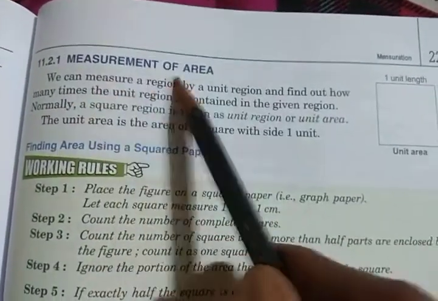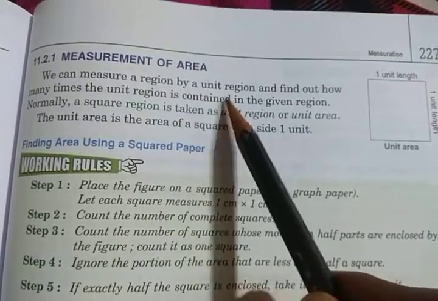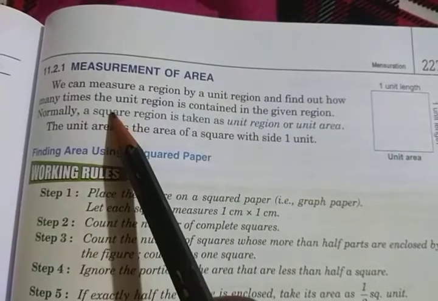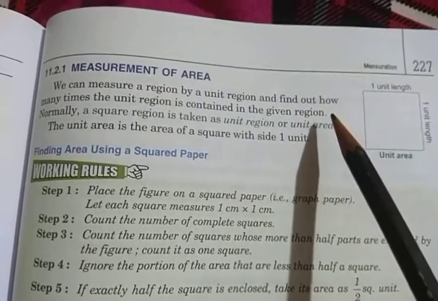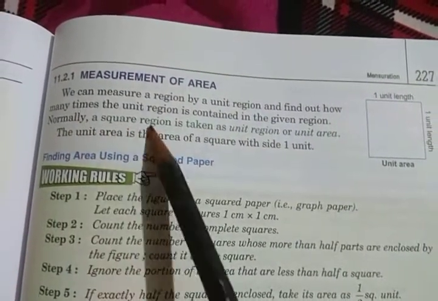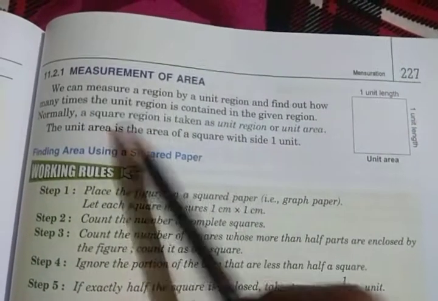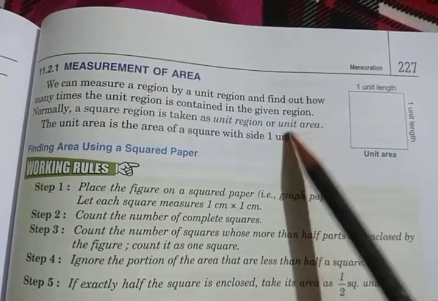Here, measurement of area. We can measure a region by a unit region and find out how many times the unit region is contained in the given region. Normally, a square region is taken as the unit region or unit area.